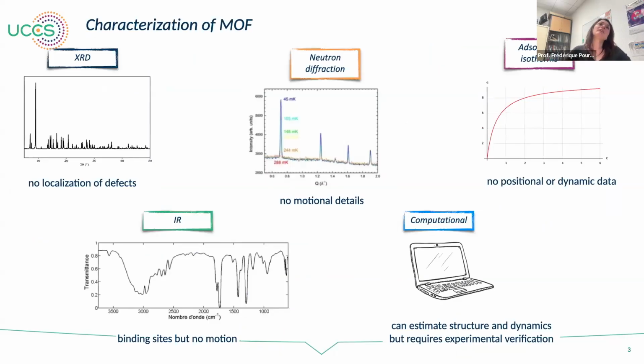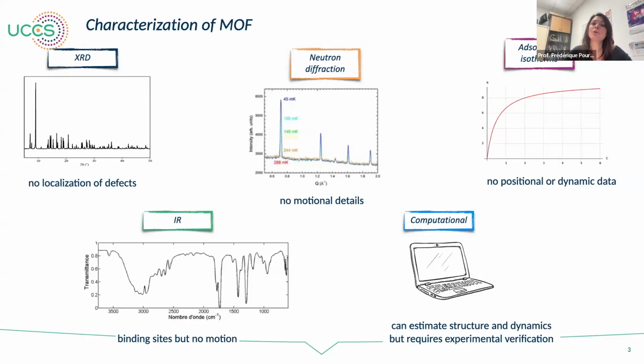Usually the characterization of MOF can be done with X-ray diffraction, but unfortunately with this kind of method, you don't have information about the defects. You can use some neutron diffraction, but you won't have information regarding the motional details.